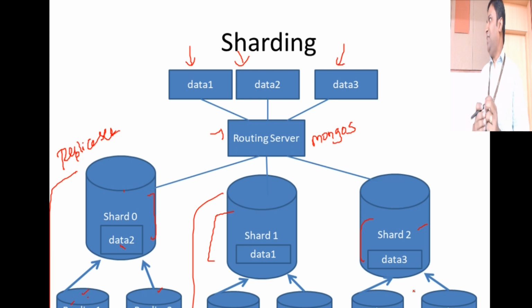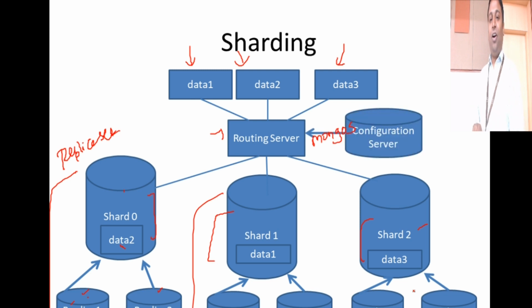One problem here is the routing server: how will it know to which particular shard a collection's document belongs? It should have something to support it, right? So it needs a configuration server. The configuration server will hold the metadata for the cluster, like, okay, this shard holds this data. The routing server will refer to that and help.